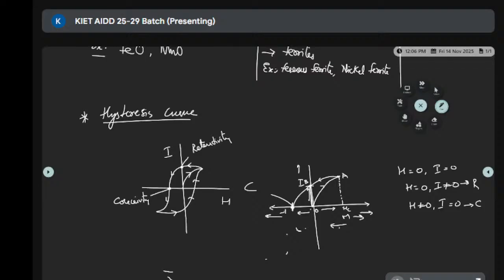Saturation in the negative direction. Further smaller H also you apply, it won't show. There only it is going to stop.